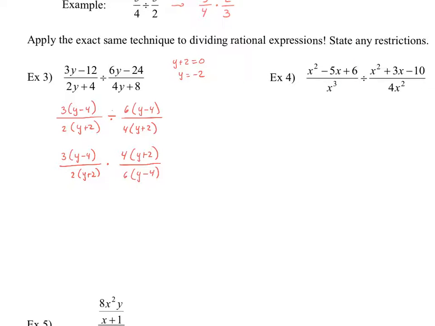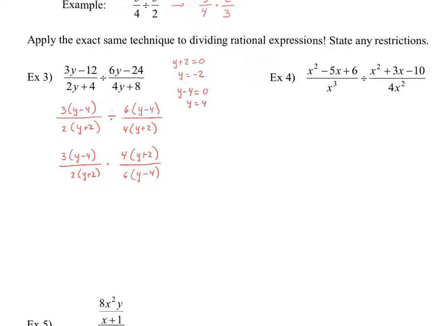Now, notice what's happened here: we've introduced a new factor in our denominators, the y minus 4. So we have to consider that as a restriction as well. We set y minus 4 equal to 0, and we see y equaling 4 would make the denominator equal to 0, which is a restricted value.